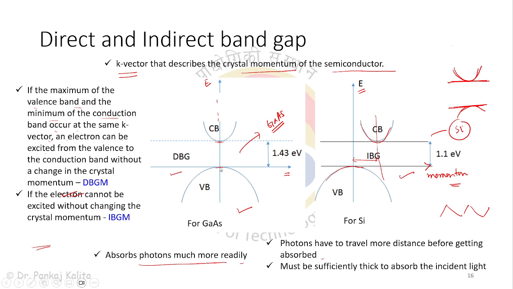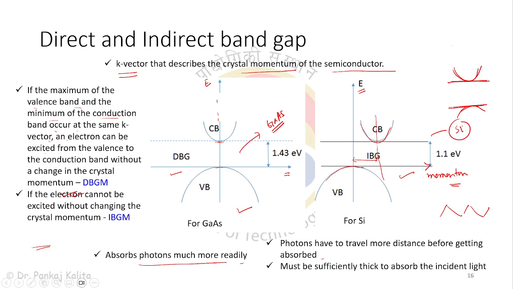So if an electron has to be excited from the valence band to the conduction band, it has to follow a lesser distance, right? So it can be easily excited from the valence band to the conduction band without change in the crystal momentum.